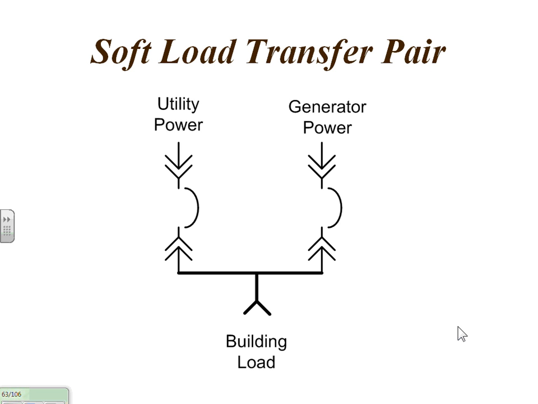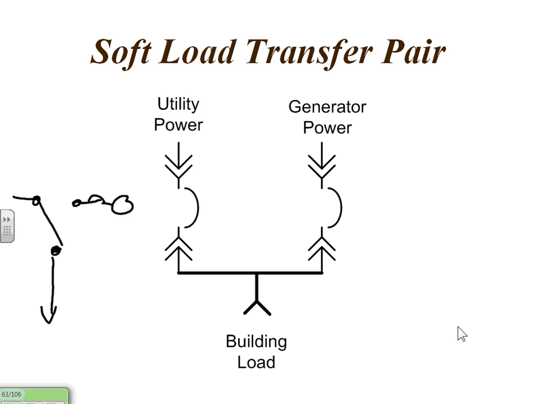Let's go back. Let me draw it again. Let's take a simple switch just to illustrate your point. And again, this is the one you're going to use for your first project. Here's load. Here's what's happening.